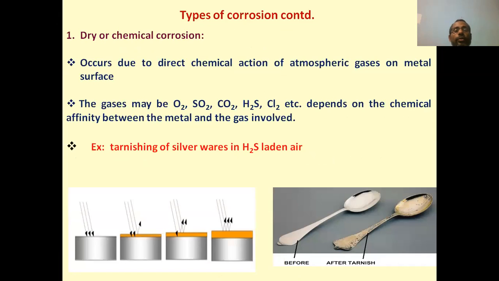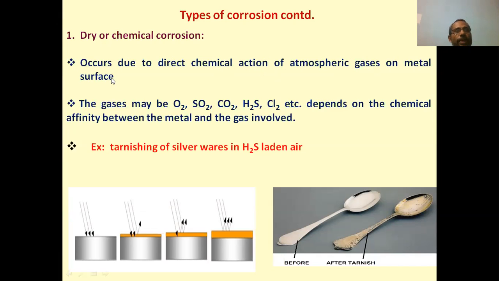Dry or chemical corrosion. As the name dry suggests, there is no aqueous medium. That means the corrosion takes place in the absence of an aqueous medium or water. That's why it is named dry, right? So this dry corrosion occurs due to the direct chemical action of atmospheric gases on the metal surface.